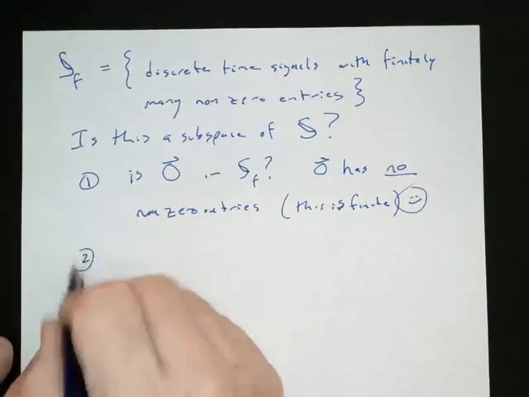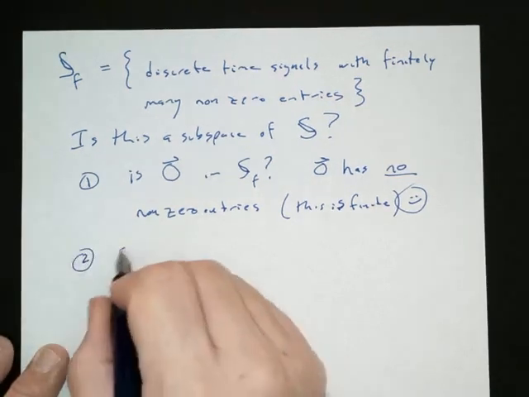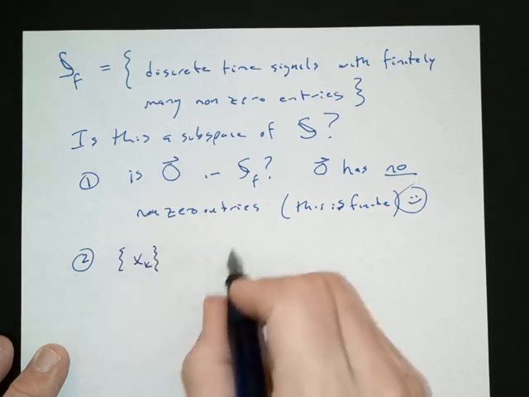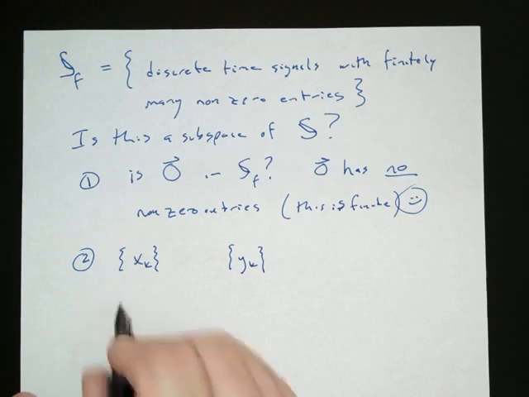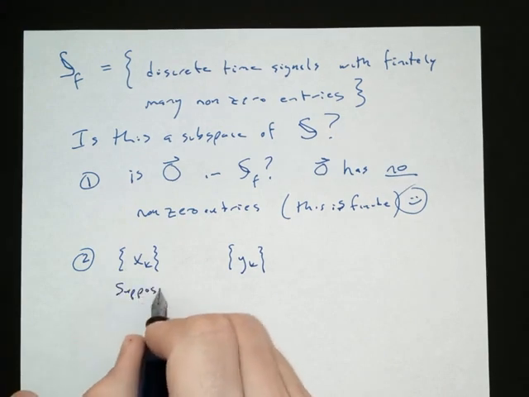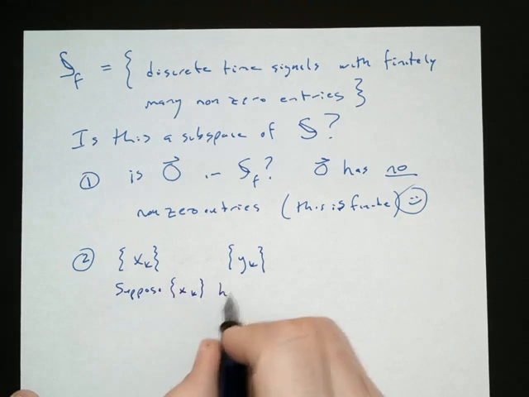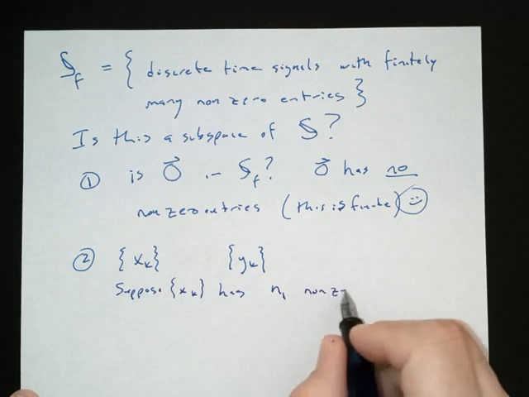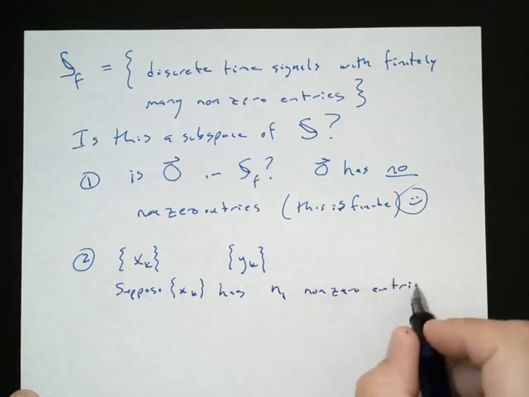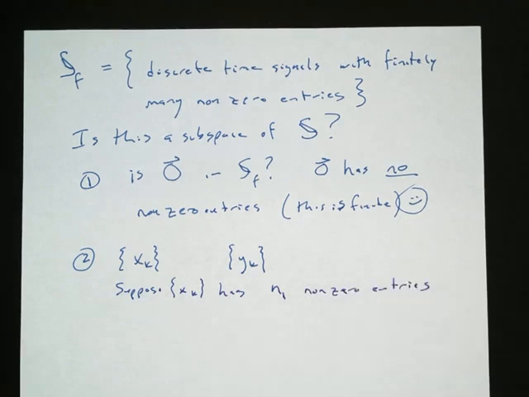Closure under addition. So let's give ourselves two signals, xk and yk. I don't know how many non-zero entries there are in X, but there's some number of them. Let's say N1, some number.